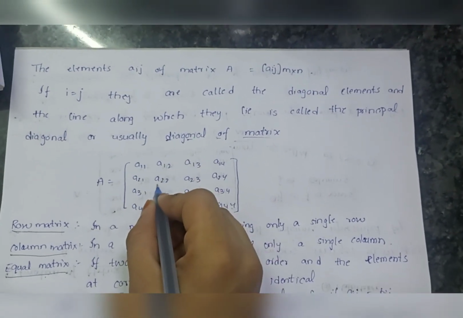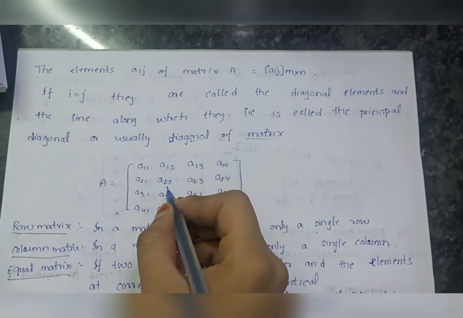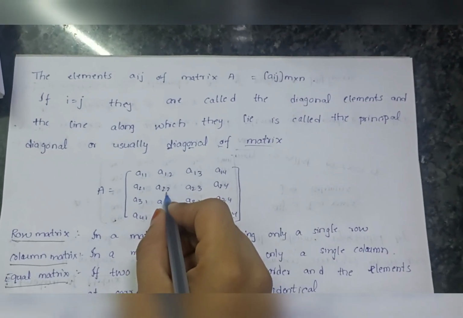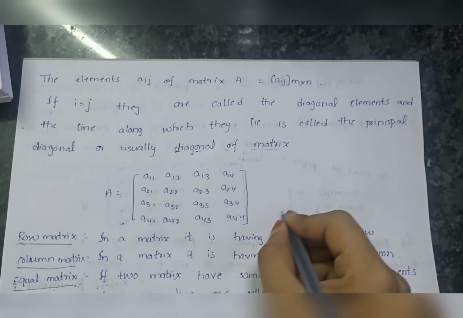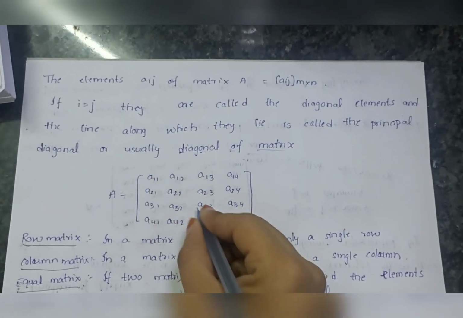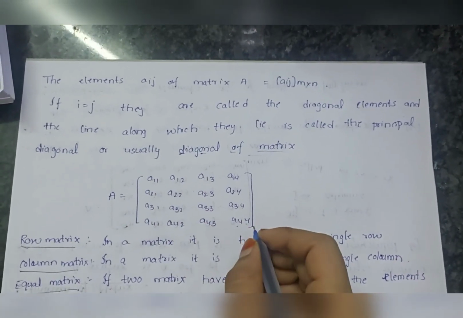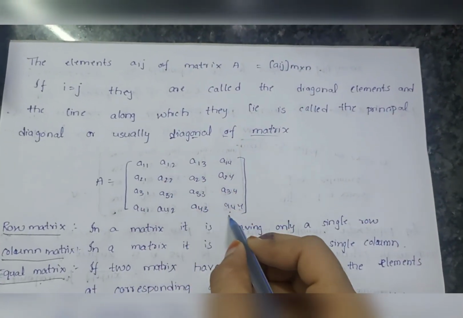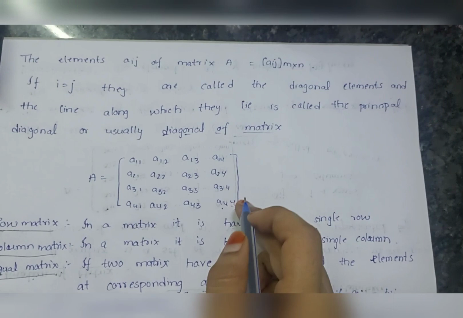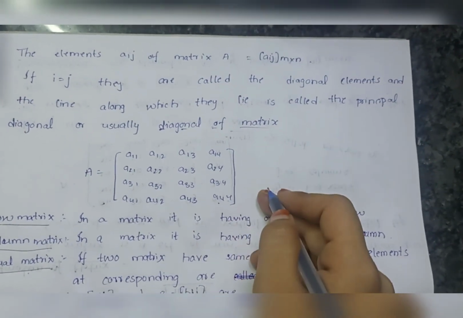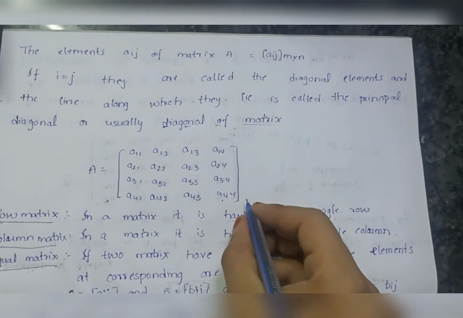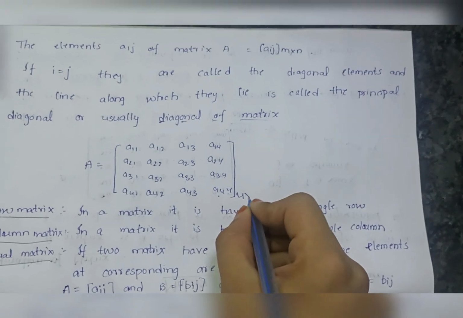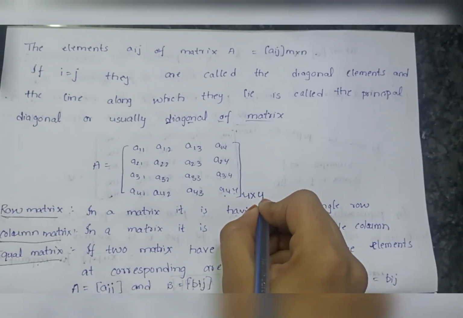Again here a22, that means row number is equal to column number. So these are called diagonal elements, and the line along these diagonal elements is called the principal diagonal of a matrix, usually just the diagonal of a matrix. Here this is a 4 into 4, 4 cross 4 matrix.